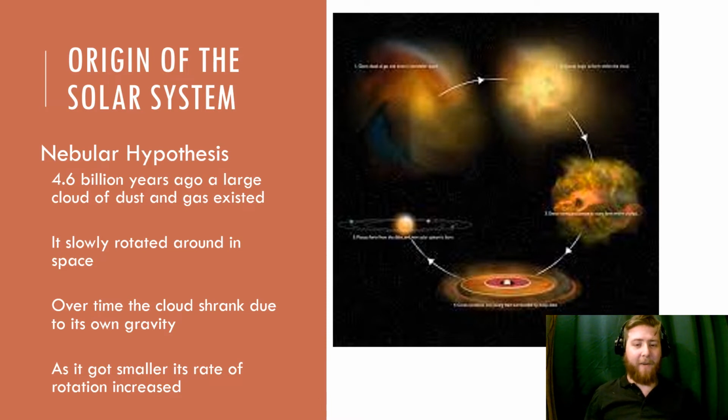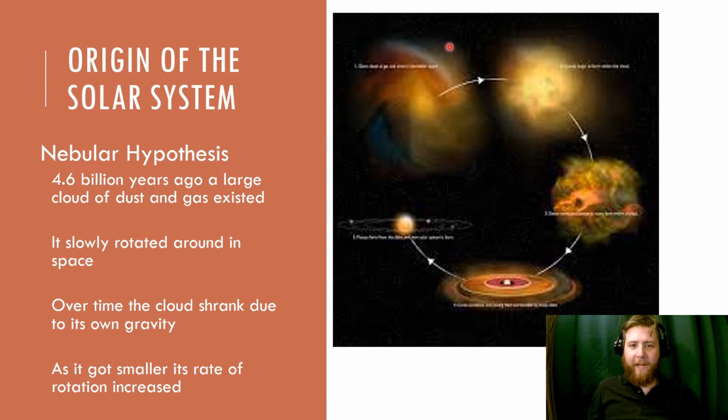So first we need to talk about how we got our solar system. Because Earth is sitting in a solar system, we have a sun. The best hypothesis and theory that we have come up with is the nebular hypothesis, where 4.6 billion years ago we had a very large cloud of dust, and this cloud of dust was rotating in space.